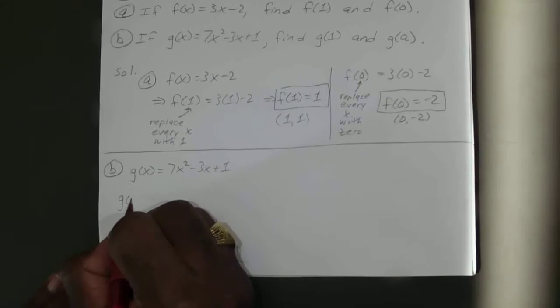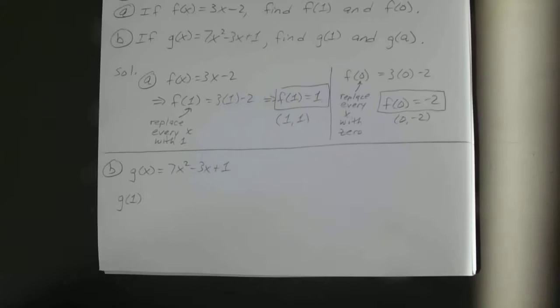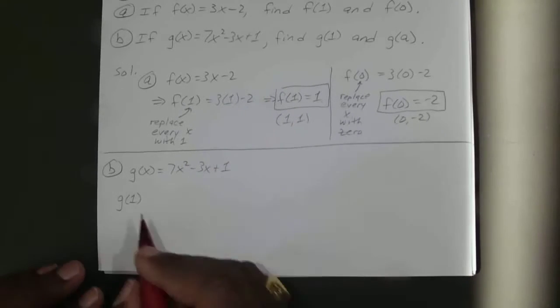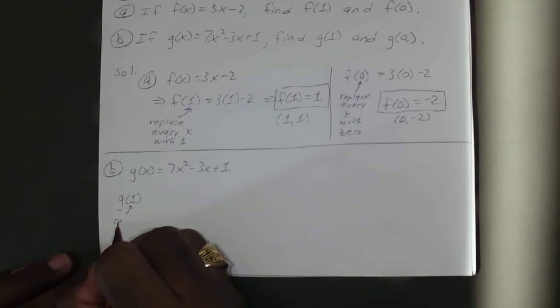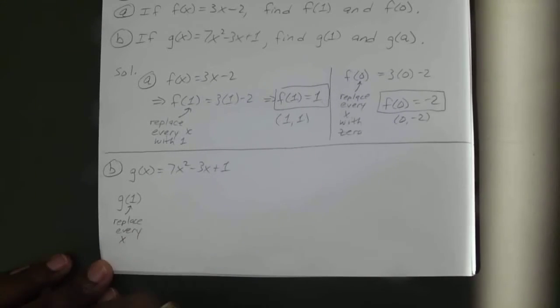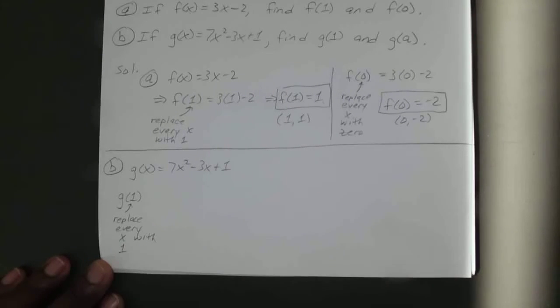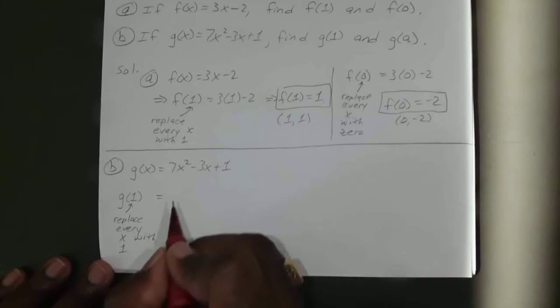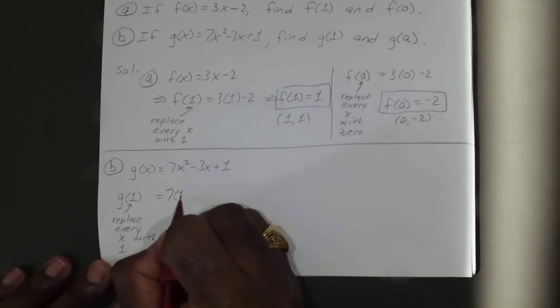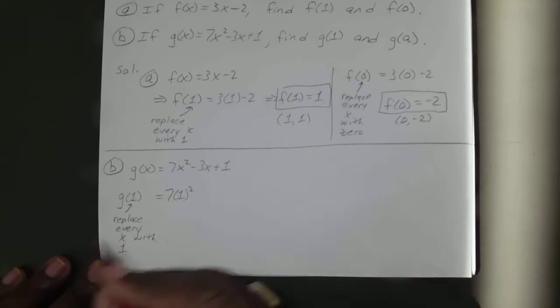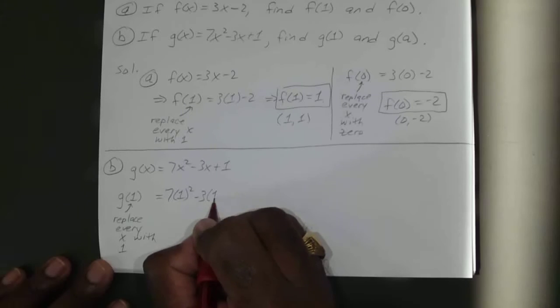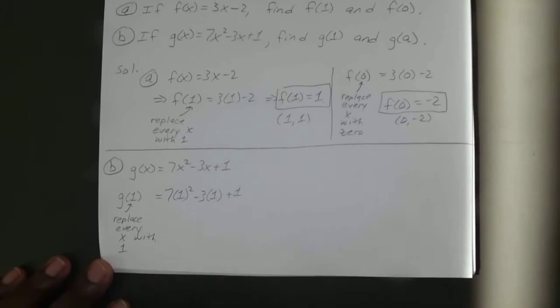So when you have g of 1, once again, it's just replace every x with 1. Okay, so that's going to equal 7 times 1 squared minus 3 times 1 plus 1.